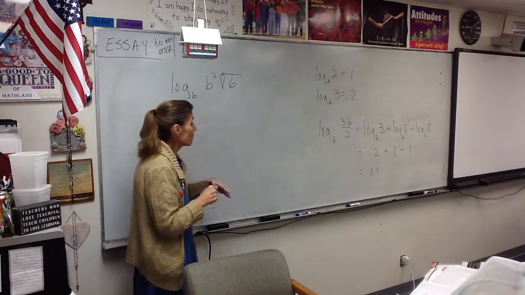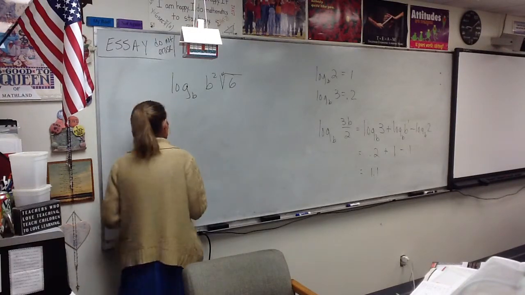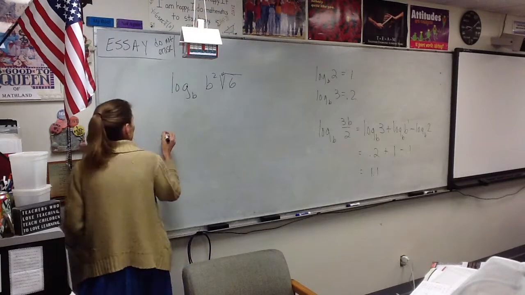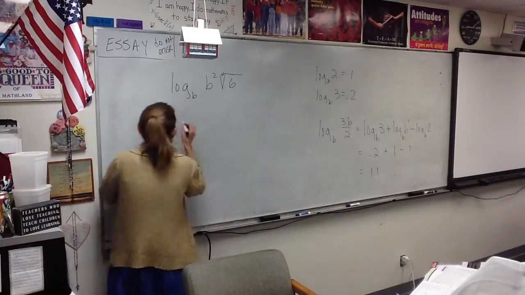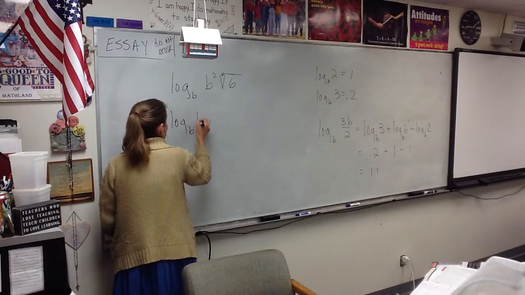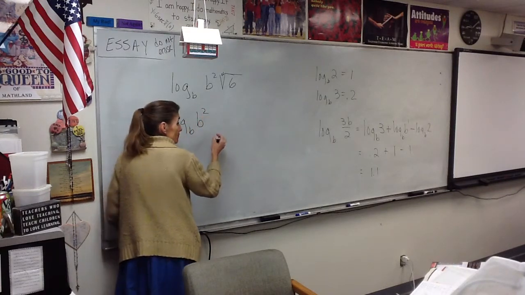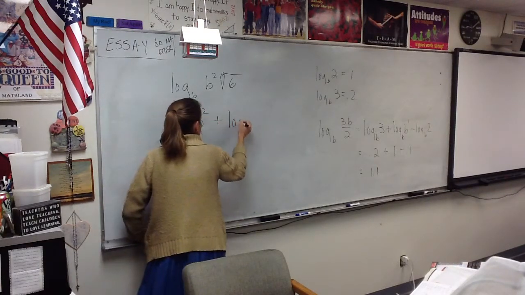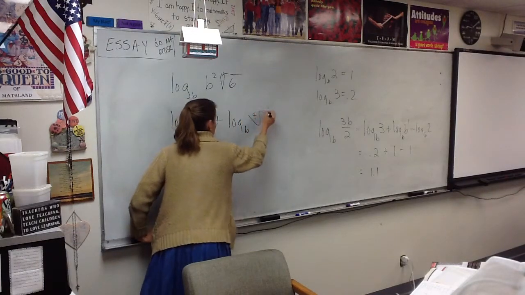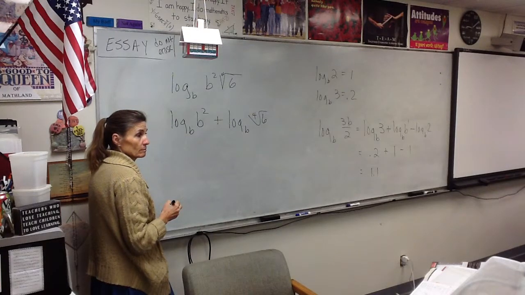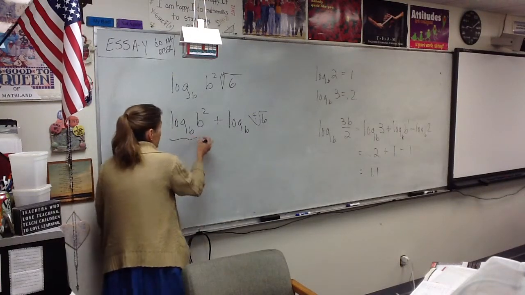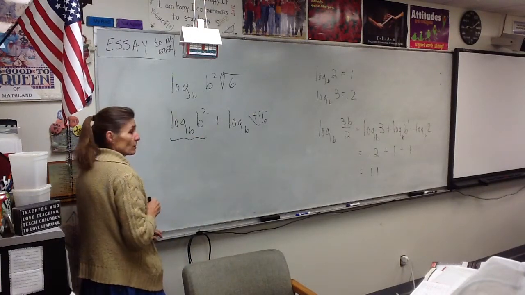Ideas? Let's start the same way. Let's see if we can tear it apart. What would it look like if I tore it apart? Log base b of b squared plus the log base b of the 4th root of 6. Now this you ought to know already. What's the log base b of b squared?